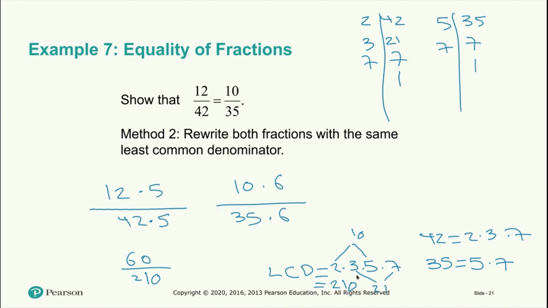Well, we know what it is. It's right here. It's 210, of course. So we get 60 over 210 over there as well. And there we have shown that these two fractions are equal because we've been able to write them using the same denominator, and we ended up with the exact same numerator. So clearly the two fractions are the same.